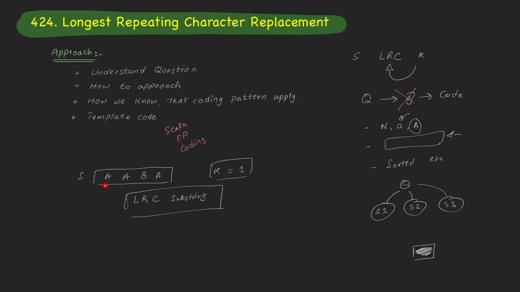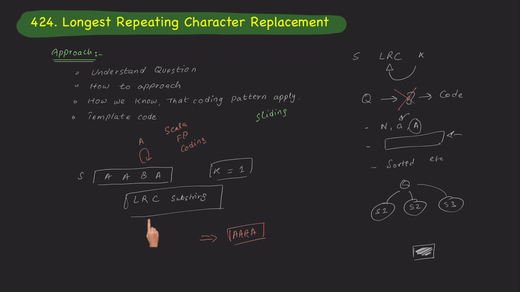If we look here, if I replace this B by A, I can generate the longest repeating substring. So I have to just come here, replace B with A, and I will generate the longest repeating character substring.